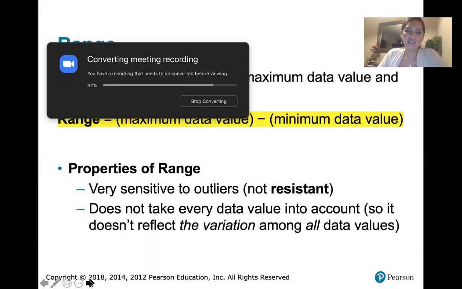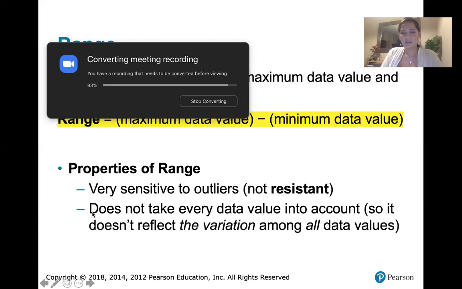The range just says what is the range of values that our data spans over. It starts here and it ends here. When I think of a range, it makes sense that we're saying, well, how big is it? What's the max value and the min value, and how large is that interval? Well, that doesn't take into account the variation in between. So that is one downside of range.